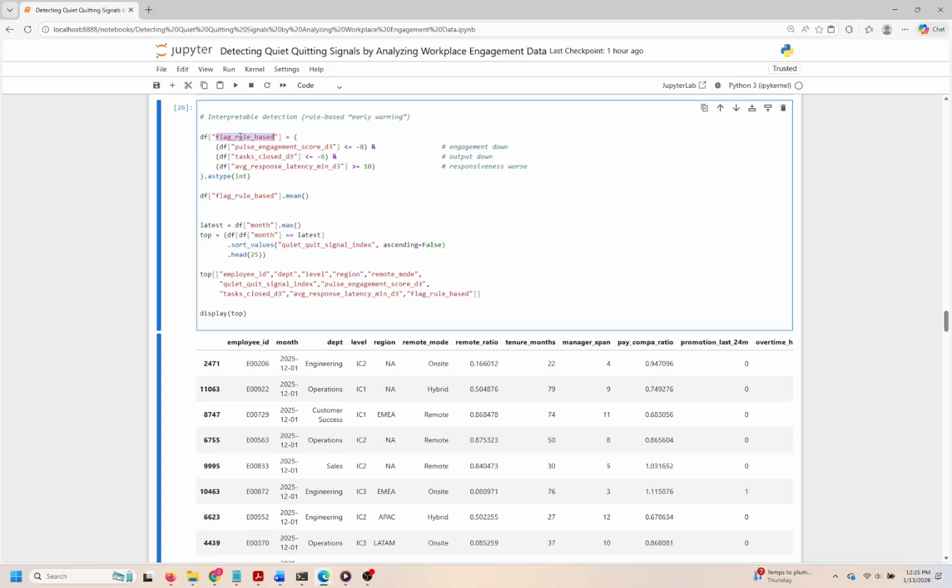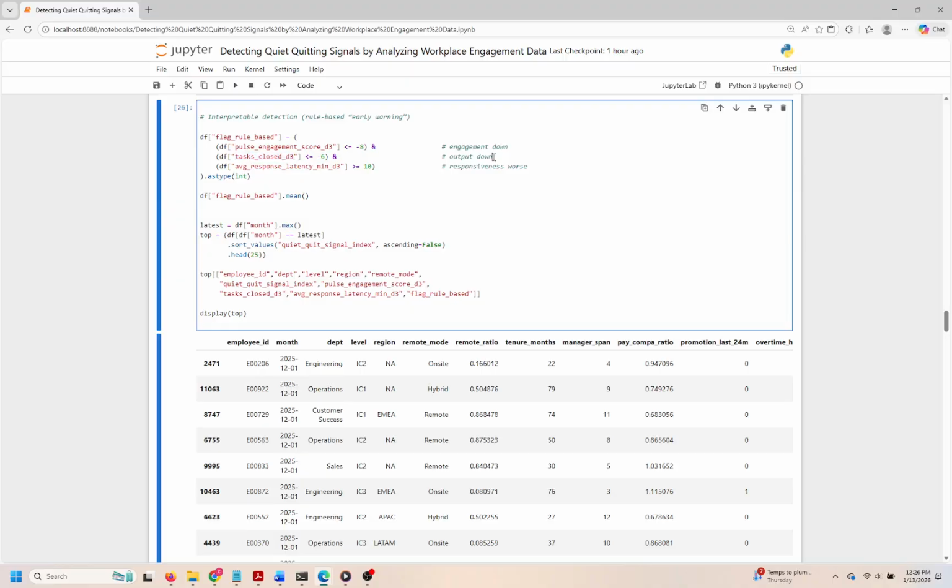To start, we create a new column in our data frame called Flag Rule-Based, where we're combining 3 key engagement indicators. First, employees whose pulse engagement scores are 8 points or lower are identified, signaling a drop in their engagement levels. Next, we look at the number of tasks closed.